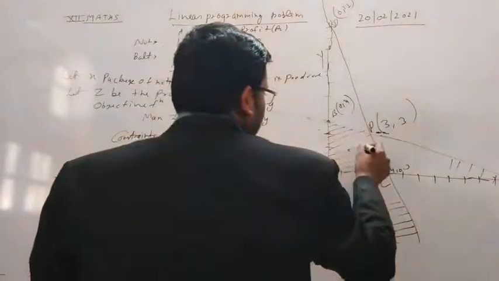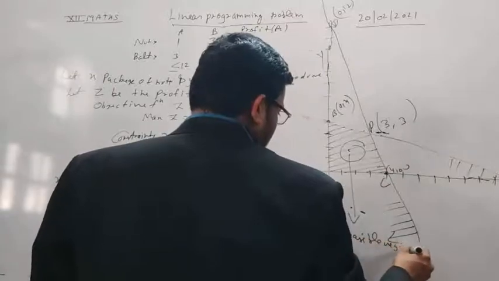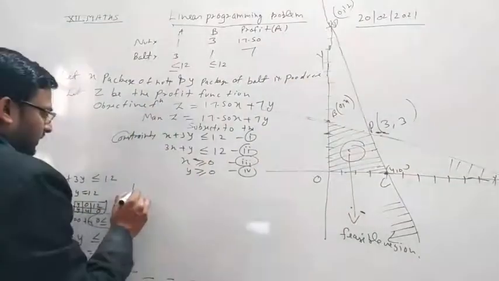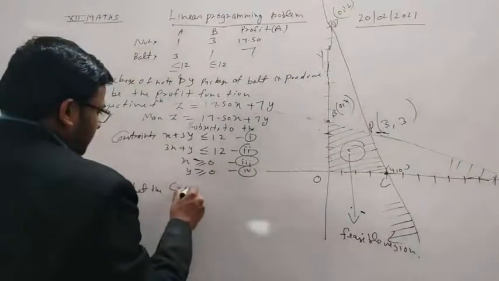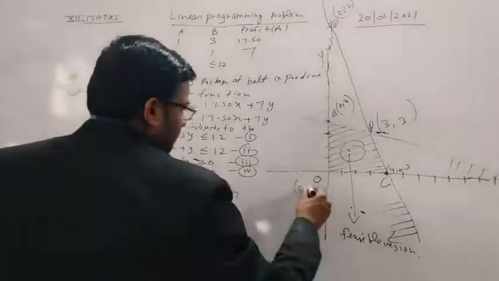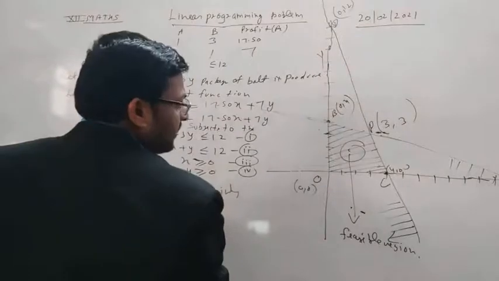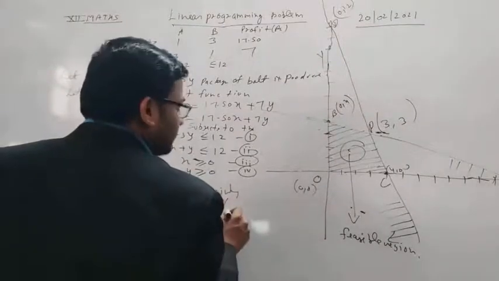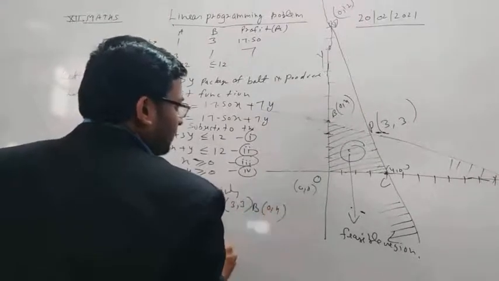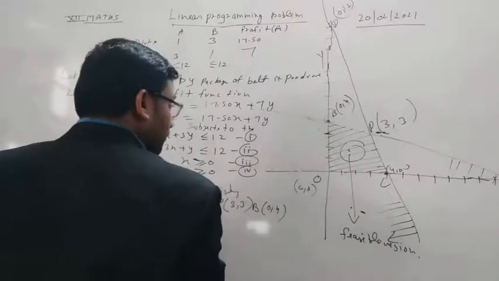So students, this region is our feasible region. Okay, students, and for the corner points, we note that the corner points are O, which is our origin, P, which is 3, 3, B, which is 0, 4, and C, which is 4, 0.